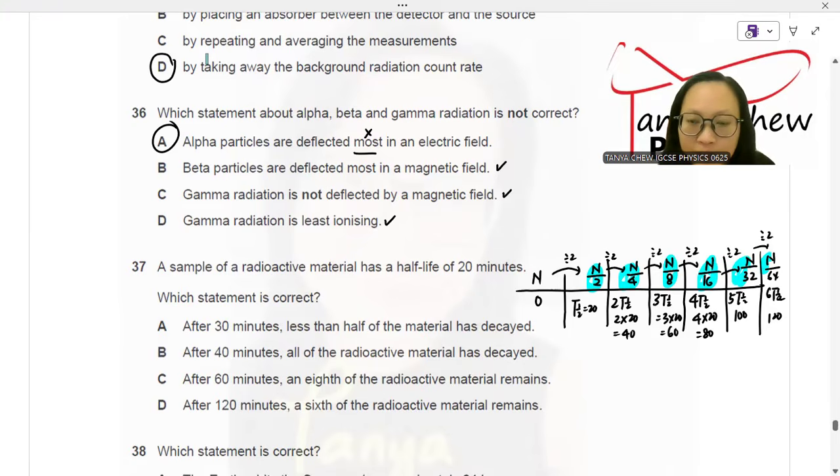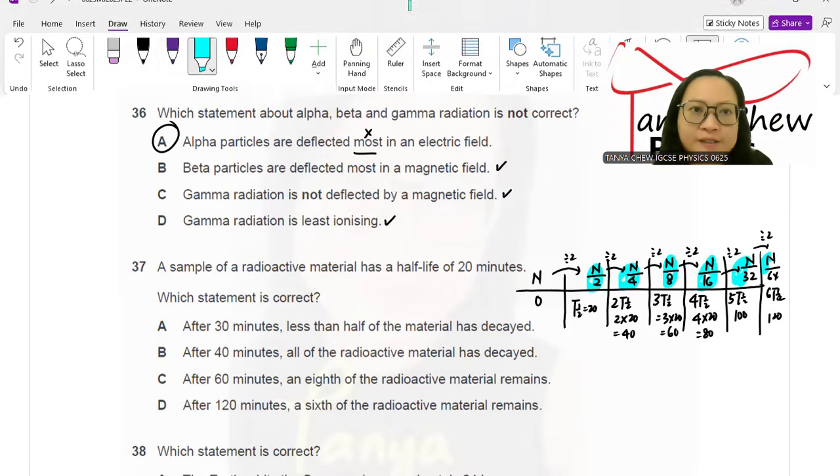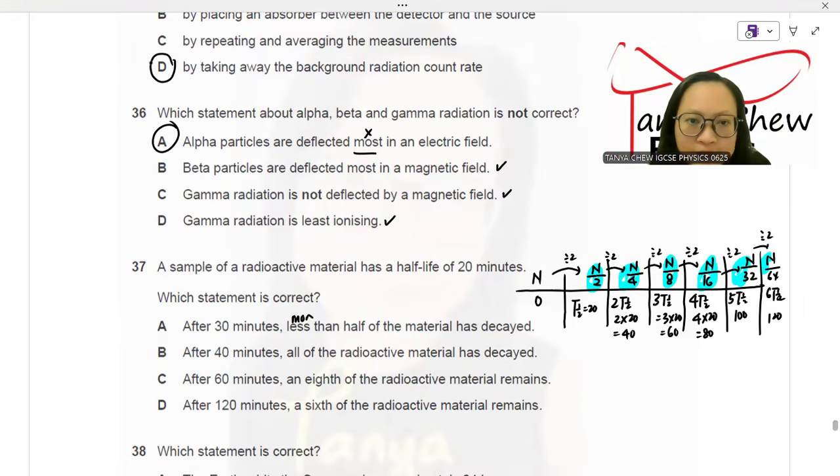So after 30 minutes, which is between 20 minutes and 40 minutes, less than half of the material has decayed. Actually, more than half, because half is 1 over 2, and after that it keeps on decaying again. So this is incorrect. After 40 minutes, all the radioactive material has decayed. No, only 1/4 remained, so not all the radioactive material has decayed.